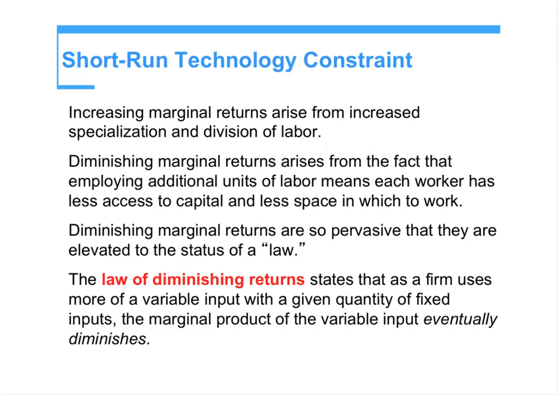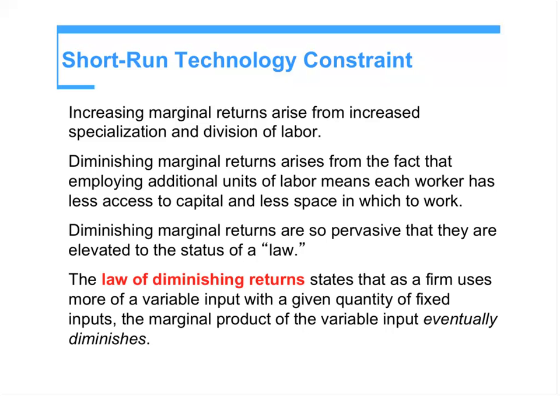Diminishing marginal returns are so pervasive that they are elevated to the status of law. The law of diminishing returns states that as a firm uses more of a variable input with a given quantity of fixed inputs, the marginal product of the variable input eventually diminishes. This is the law of diminishing returns. We discussed that with marginal utility. Now we're going to consider it with marginal product.